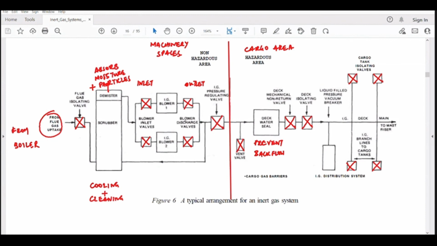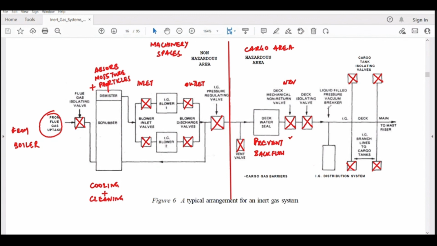There has been an explosion. So the deck seal's purpose is to seal the gas that is coming in, and it will not allow any backflow of gases, right? That is also the purpose of the non-return valve, we call it NRV, and then the isolating valve. So the purpose is that.